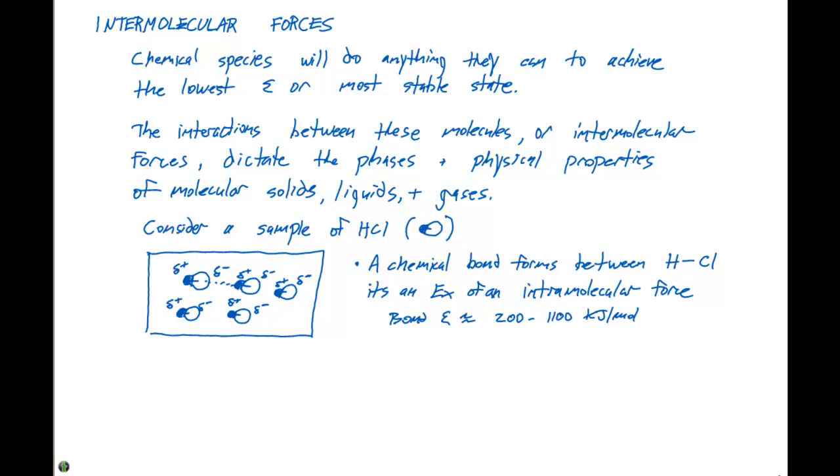So there's going to be interactions and attractive forces between each of these partial positive and partial negative charges that we have on each of these molecules. So we need to look at these different forces, which we call intermolecular forces.